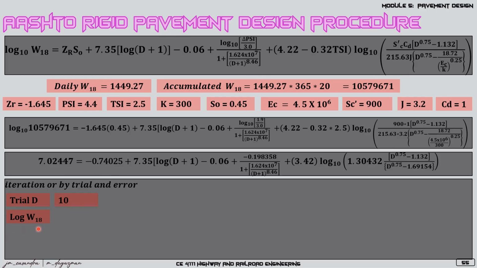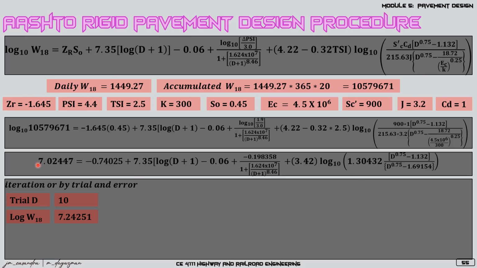So we have assumed a value of D initially at 10. Substituting 10 for D in this equation will give us log W18 of 7.24251. Compare this to this value, it's not equal. So therefore, our D is not equal to 10.